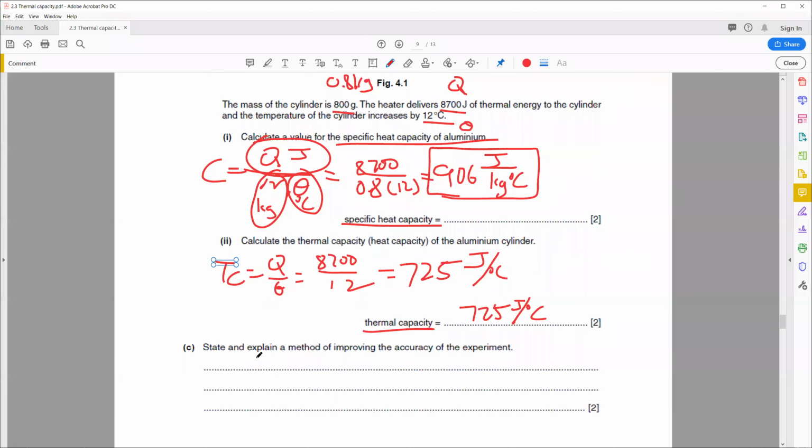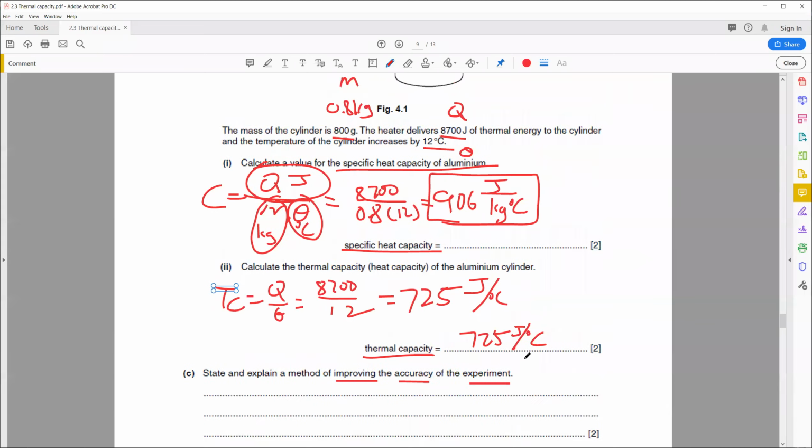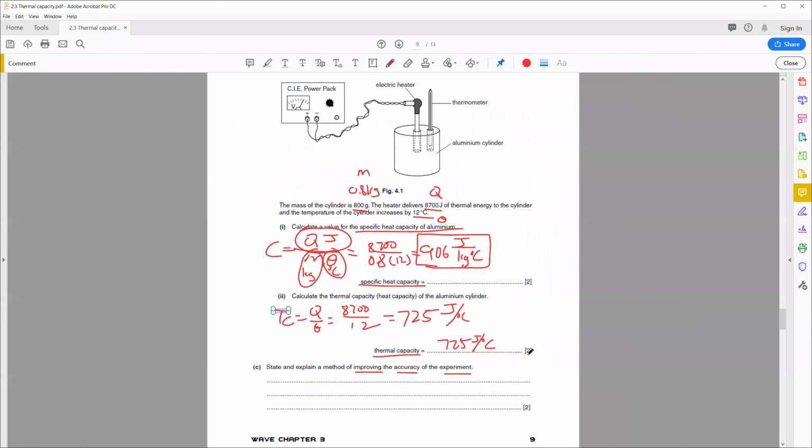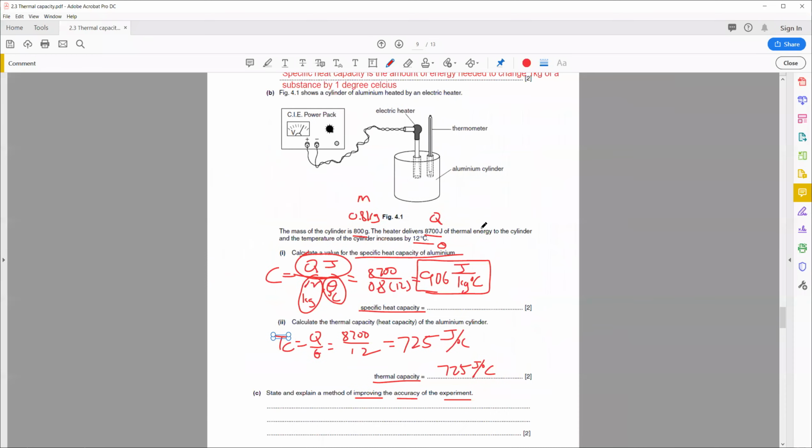All right, then finally, this last part here is very important. They always ask you to state and explain a method of improving the accuracy of this experiment. Now, guys, I don't know if I mentioned this before, but let me mention this right now, okay? In terms of anything related to heat experiments, all these calculated values are always like the best case scenario.